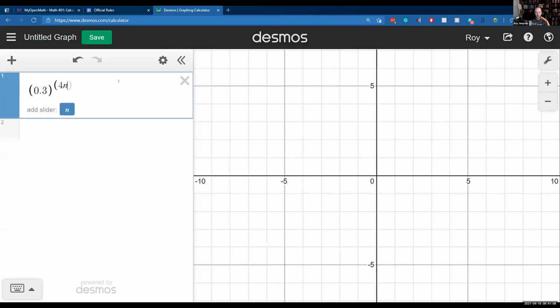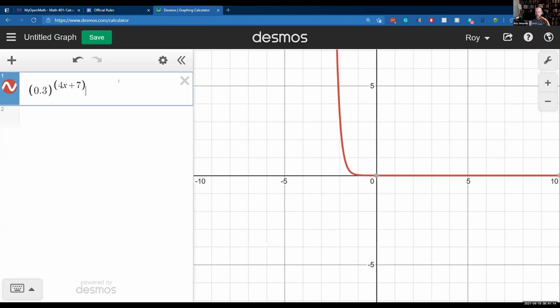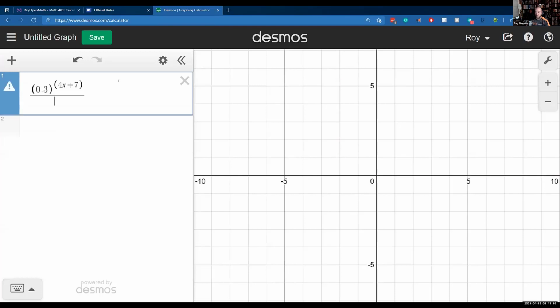So 4n plus 7. Oh, you know what? I'm going to say 4x because we're dealing with Desmos. 4x plus 7 divided by 4x plus 7. I want to know when that is less than 0.0000005. A better way to ask that is to say, if I subtract 0.0000005, when is that less than 0? I want to know when that goes negative, essentially.